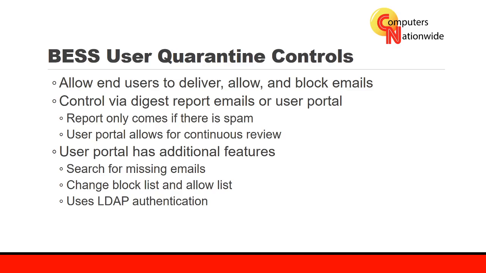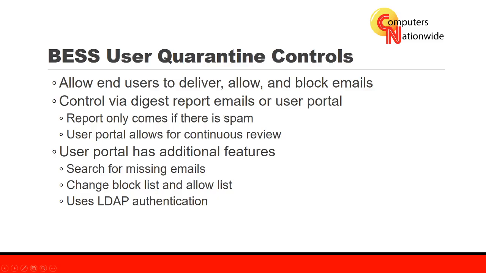It allows you to tweak your block and allow list, because right from the digest report, as we'll see, you can directly block and allow email senders, but in case you need to change those settings. And the user portal typically is LDAP authentication, so it'll be the same username and password you use to log into your computer or your email. So that's really a good intro.